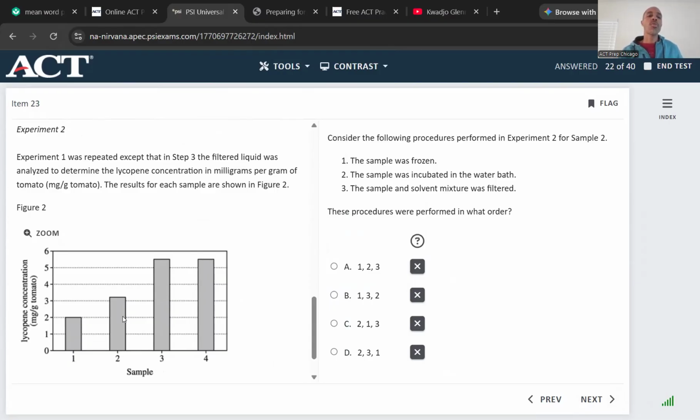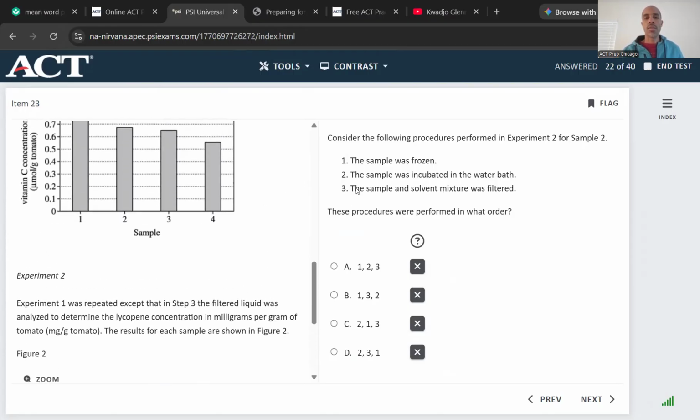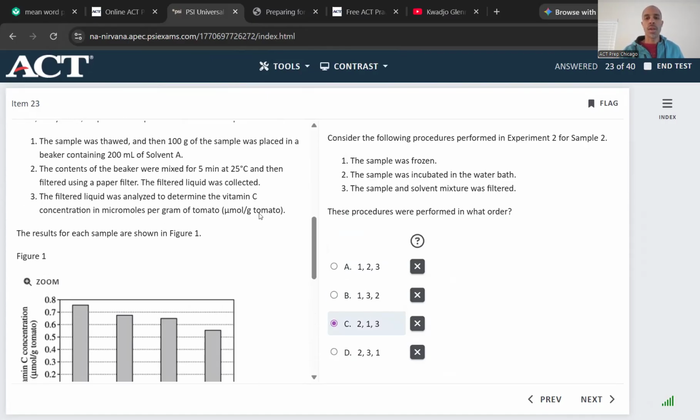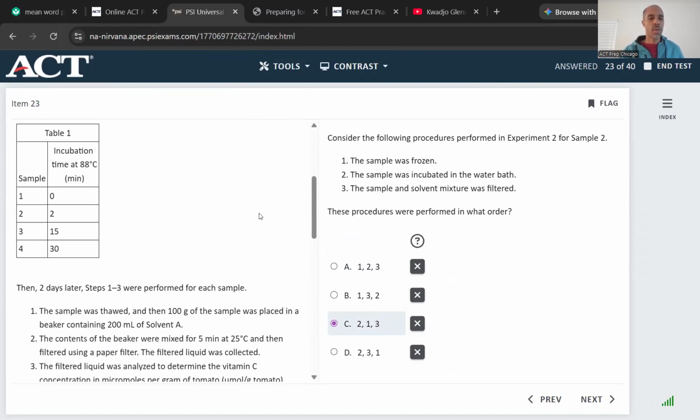Oh no, sample two was frozen. It was incubated first, then it was frozen. The sample was incubated in bath water, so we know two came before one. The sample solvent mixture was filtered. I think that's the last thing, so I think it's 213. I think it's C. I don't remember them talking about it being filtered though, so it must have been the last thing.